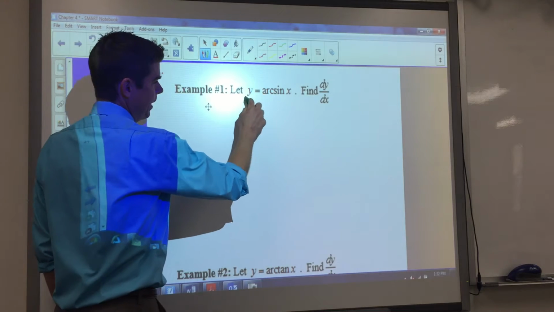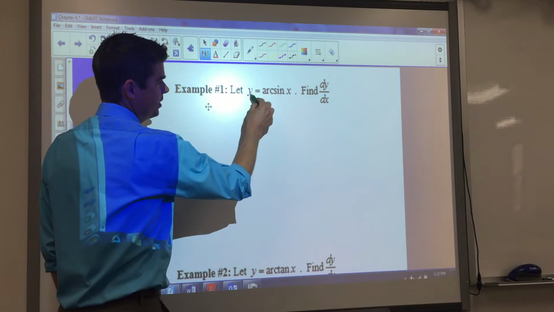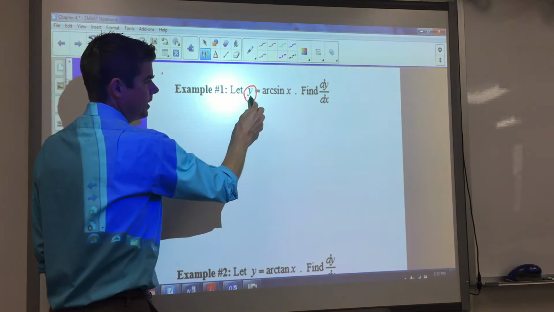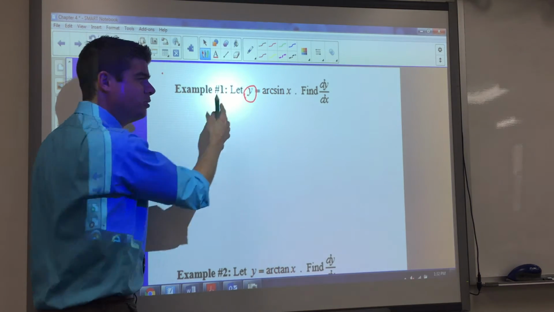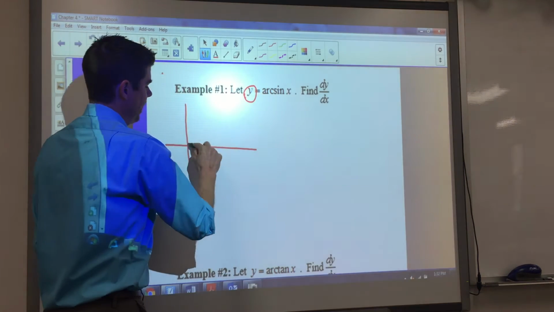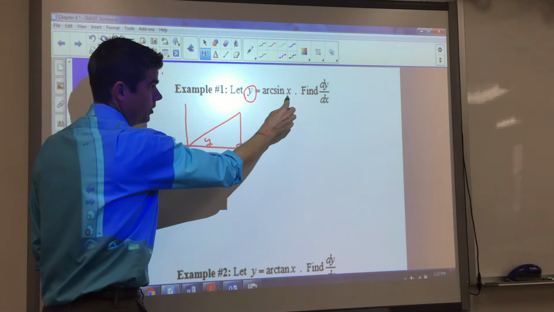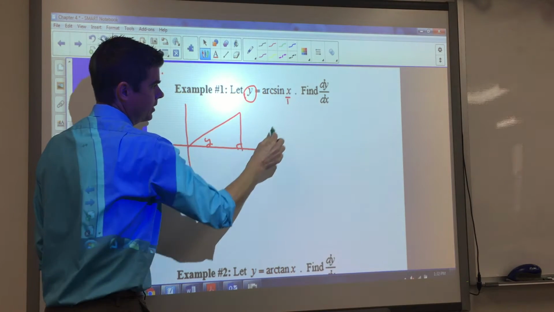So let's go ahead and remind ourselves, what is this actually saying? Remember, when I say arc sine of a ratio is equal to this angle, y is an angle in this case. We're used to seeing that as theta, but y is referring to an angle. I have some angle y whose sine ratio is x, or in this case, x to 1.